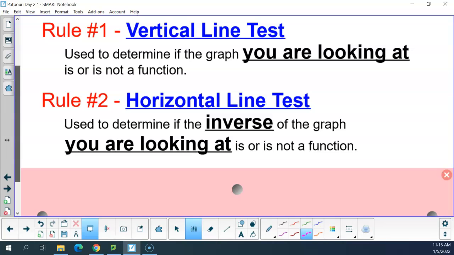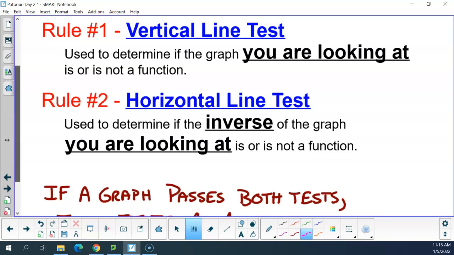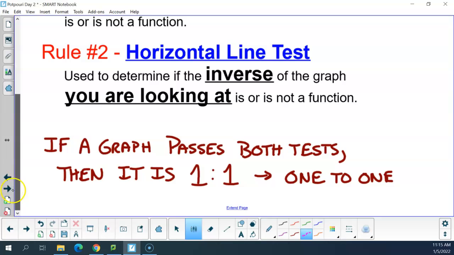Now the reason that we have to do this is because if a graph passes both of the tests, then we call that function a one-to-one function. Now, I will be 198% honest with you.